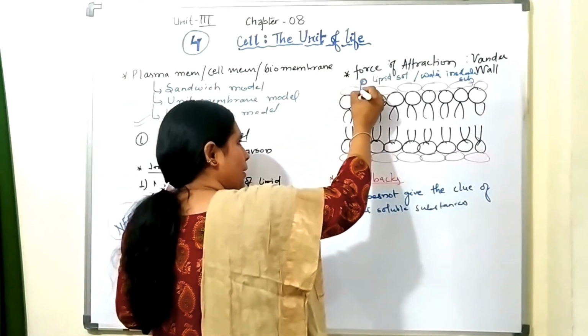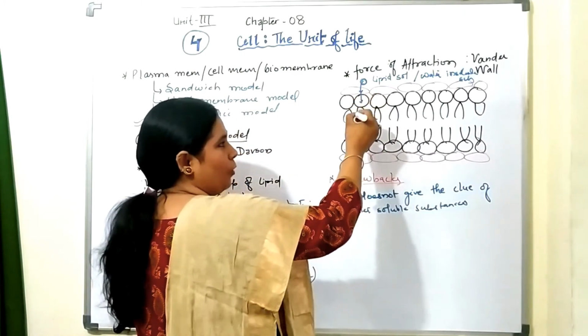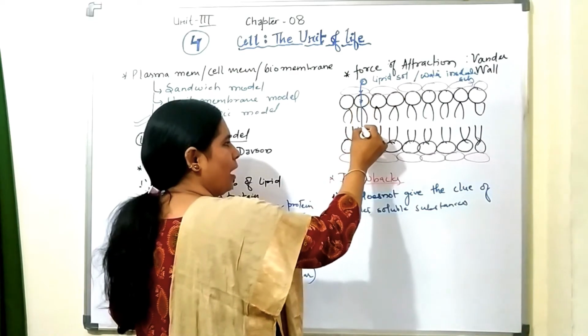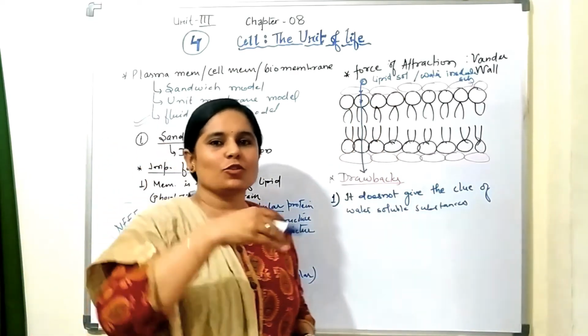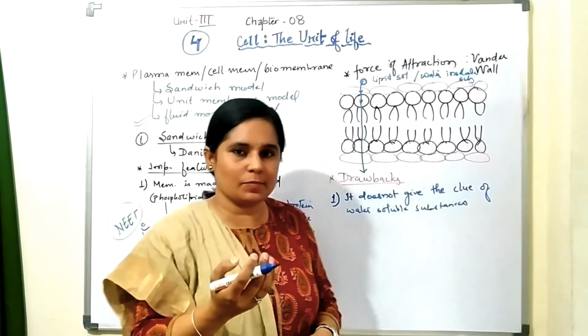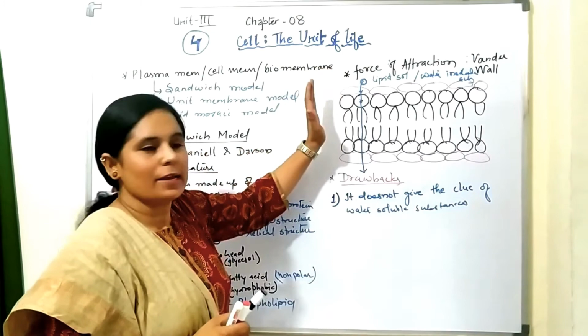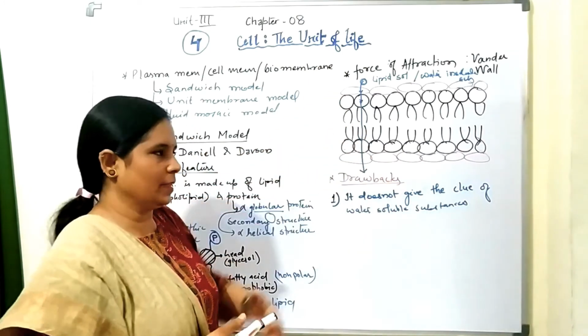Protein will allow it, and as you know, the head will also allow it, and it is lipid soluble, so the tail will also allow it to pass through the membrane. So when it is a lipid soluble or water insoluble substance, it is very easy for it to transport through these layers and come into the cell or exit the cell.